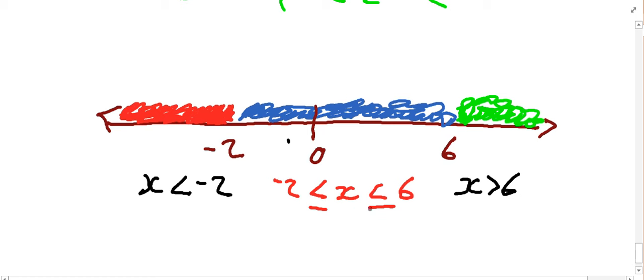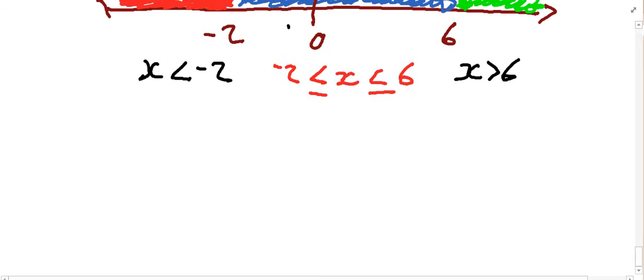So I'm going to take this part, that part, and that part, and express this as a piecewise function using the function I have been given.